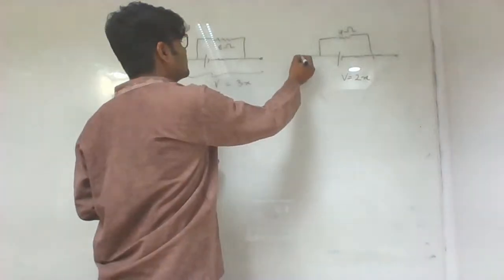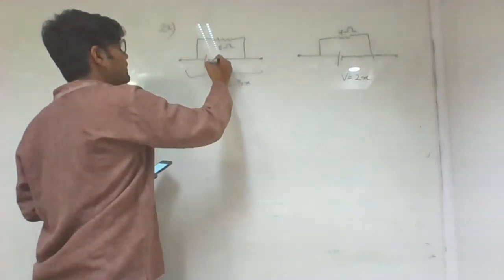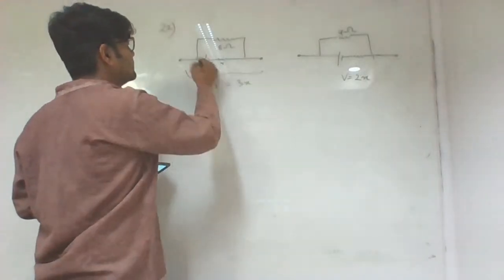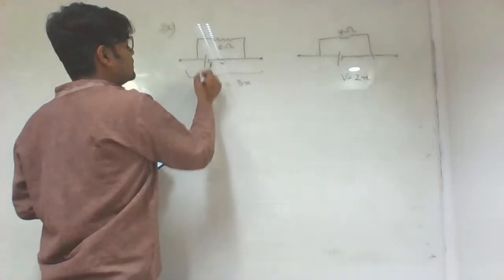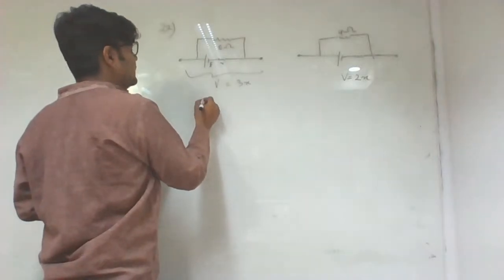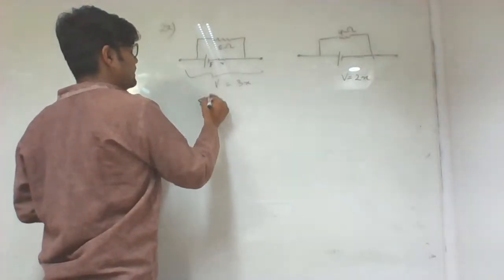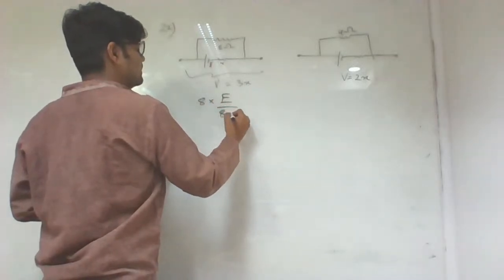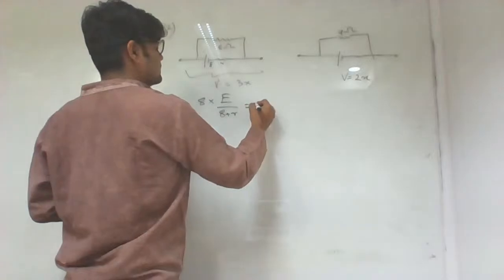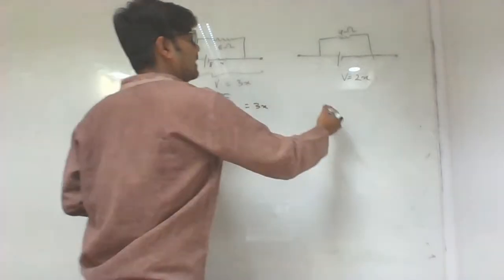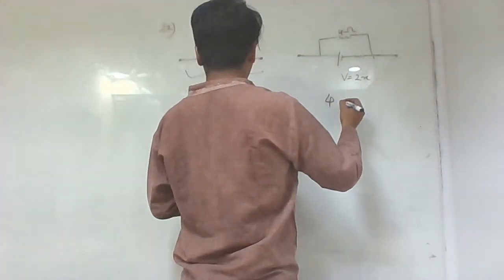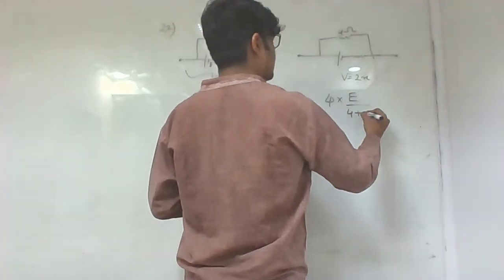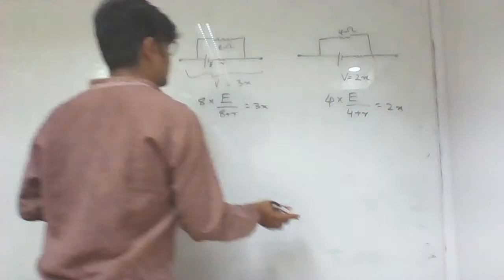Now let the EMF be E and the internal resistance be R. The potential difference in this case, V, is 8 into E upon 8 plus R, which is equal to 3x. And in this case, it is 4 into E upon 4 plus R, which is 2x.